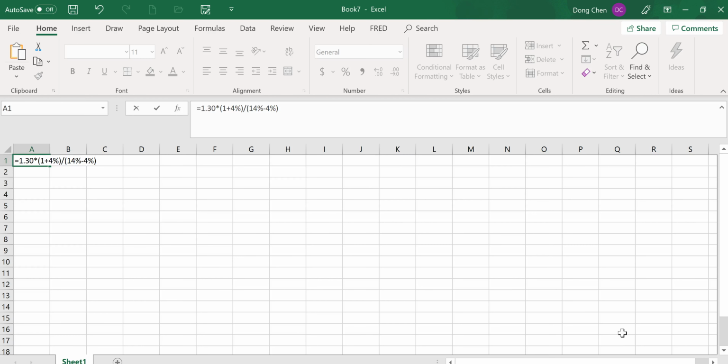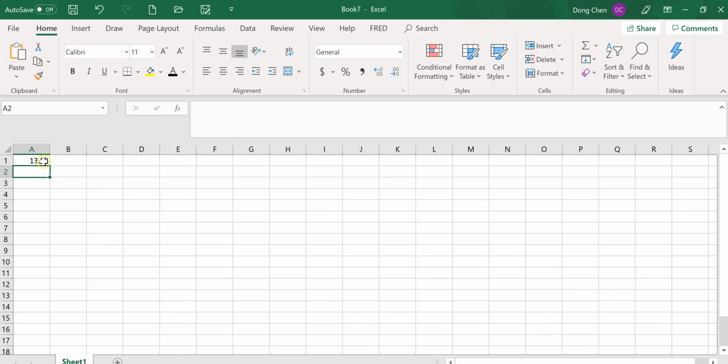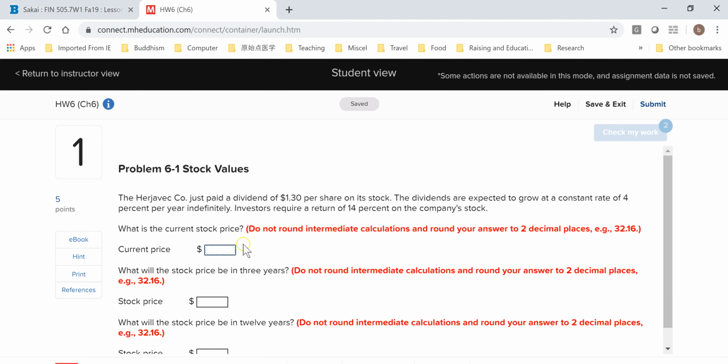Yeah, double check. Yes. And let's be careful about the rounding requirement. So yeah, the question is asking what is the current stock price, and that's exactly what we did. Do not round intermediate calculations and round your answer to 2 decimal places. I think that's exactly what we did. I think we can just copy the number back, or we can type it.